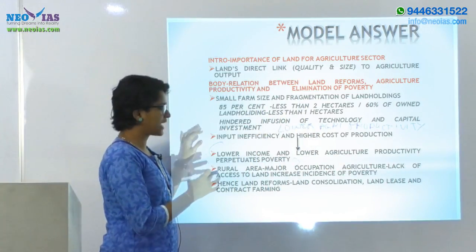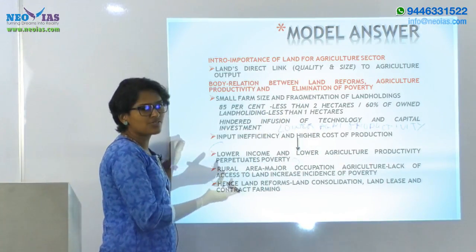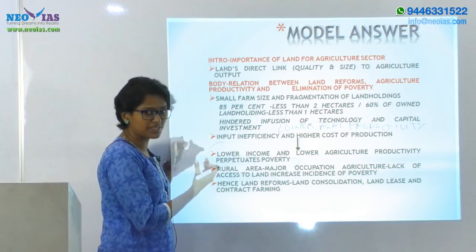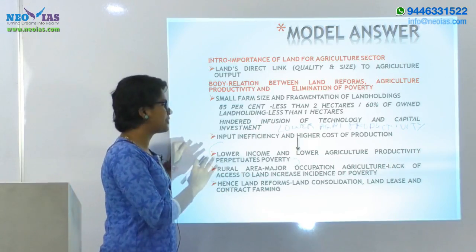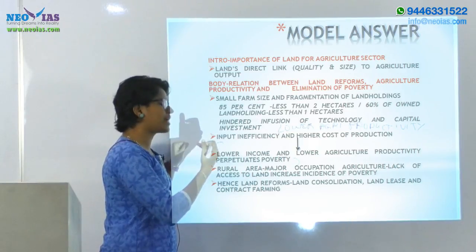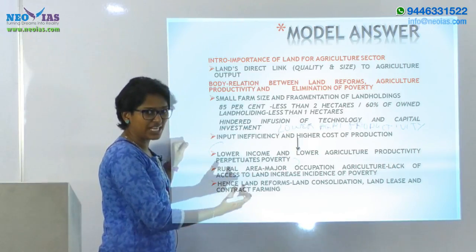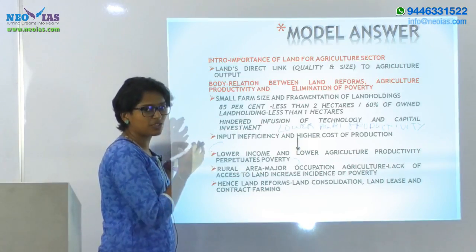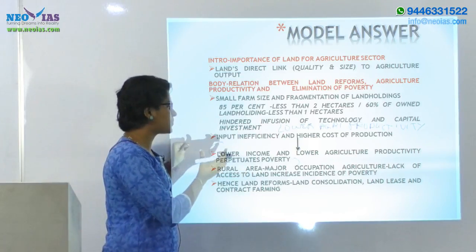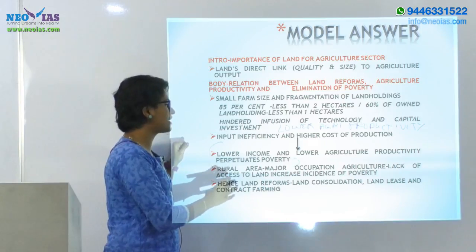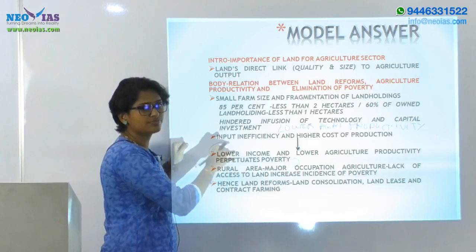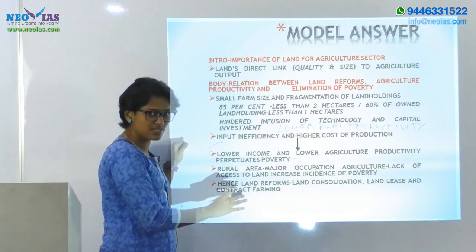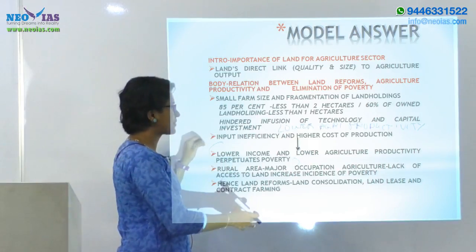Therefore it is seen that poor farmers who own this small piece of land or fragmented pieces of land will try to add more inputs like fertilizers to come up with better yield. But because of the constraint of this small or fragmented land, it only leads to input inefficiency. That means it does not result in better yield.